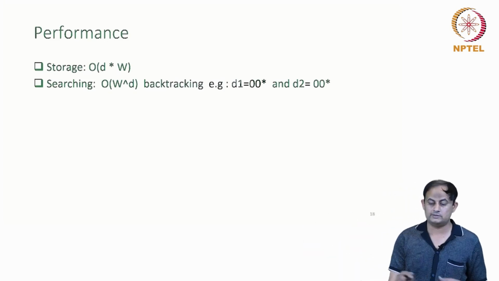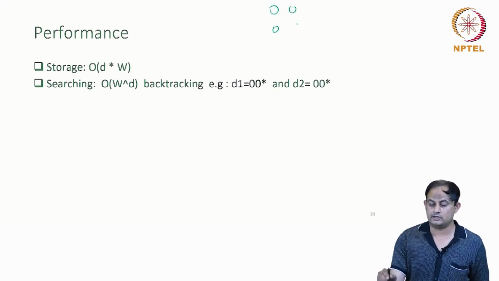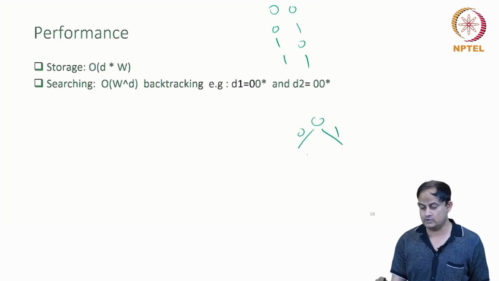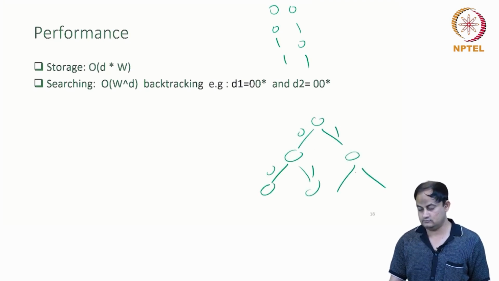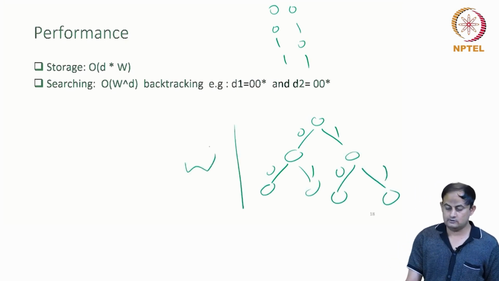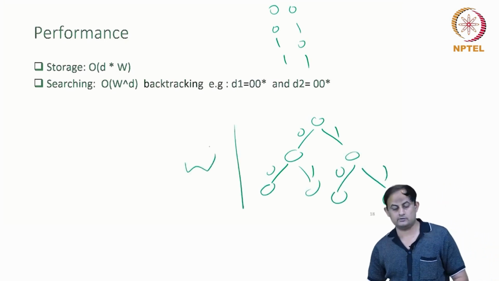If W is 2 bits, you need to take care of 4 combinations. So my tree would look like this: 0 1, and 0 1, 0 1. This is the W bit trie, and that much storage is required.